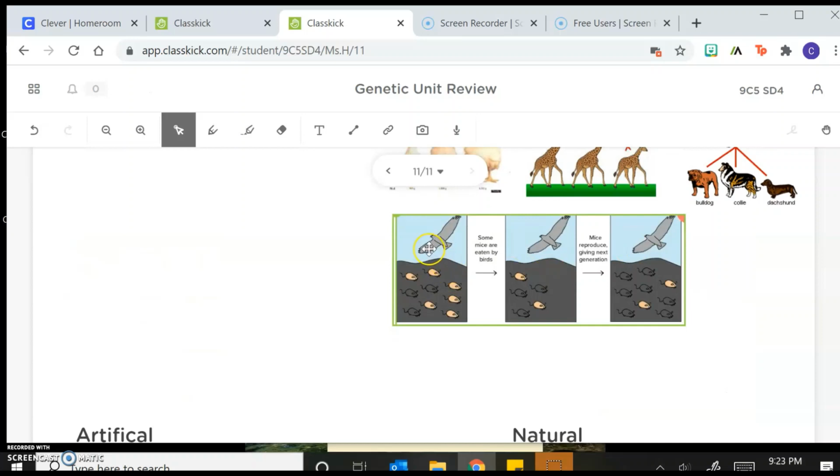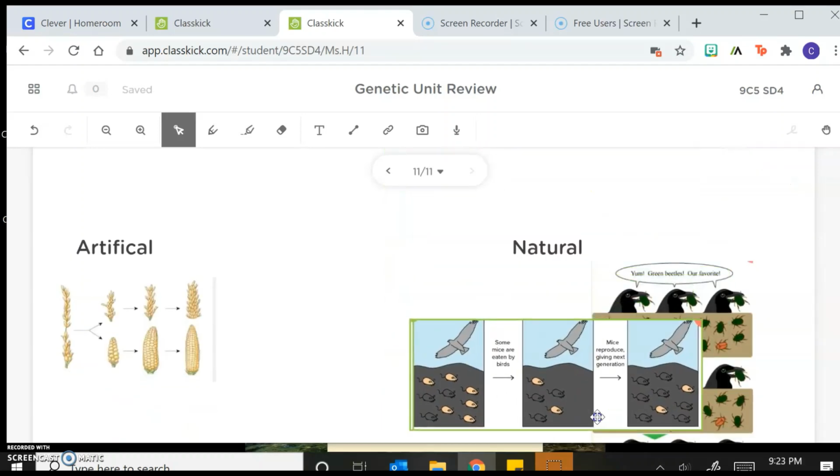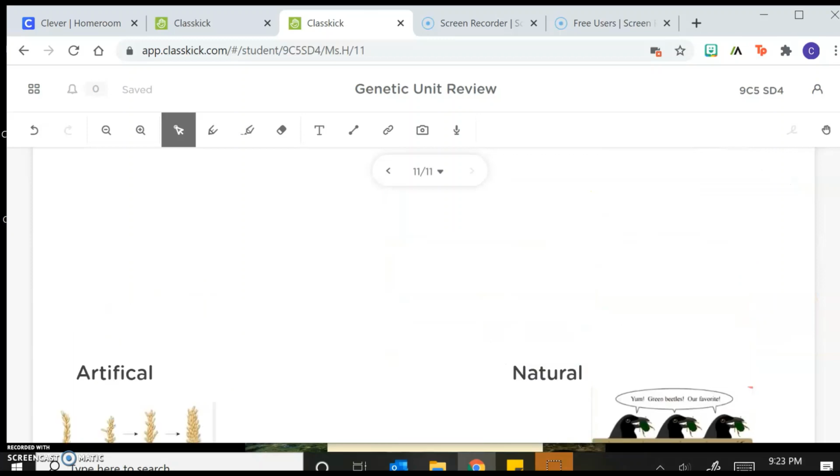Again, same scenario, this bird is able to see the bright colored mice a lot easier than the dark colored mice. So in that predator-prey relationship, the dark mice, the black mice against the dark charcoal background are able to live and reproduce to create the next generation. So we know that that is natural selection as well.